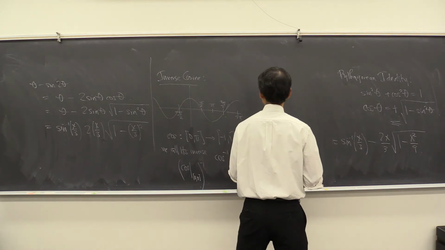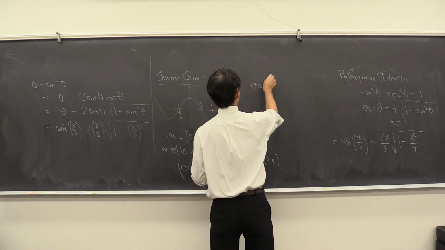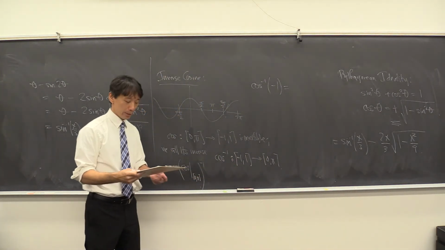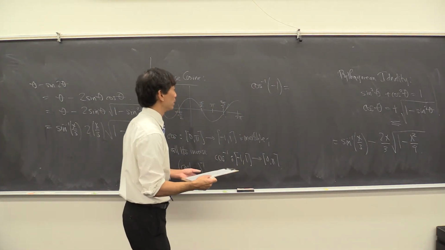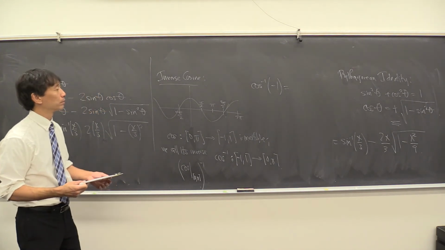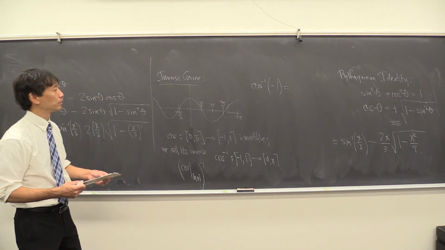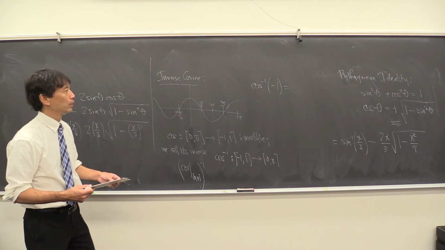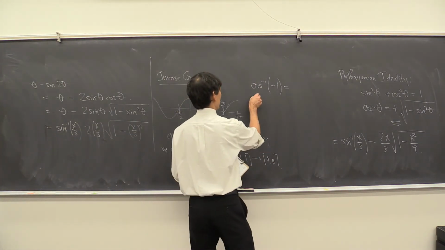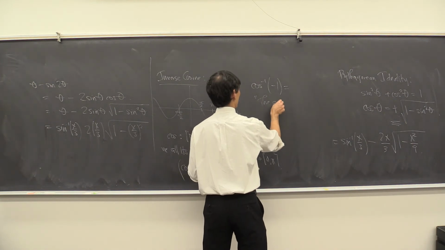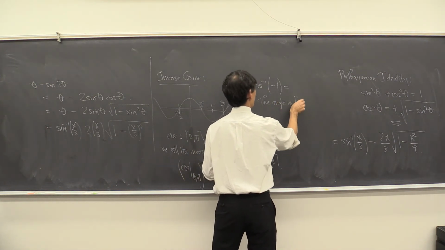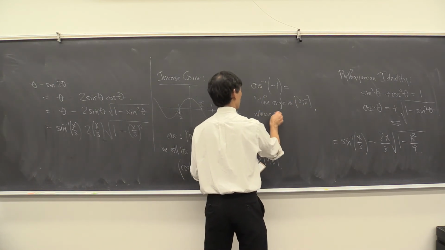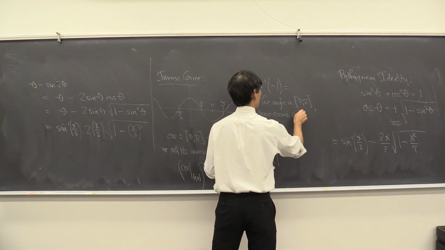Okay. So I'm not going to do too much of this. Cosine inverse of -1 is what? So let me write it in English first, right? It's the angle in 0 to pi whose cosine is -1.